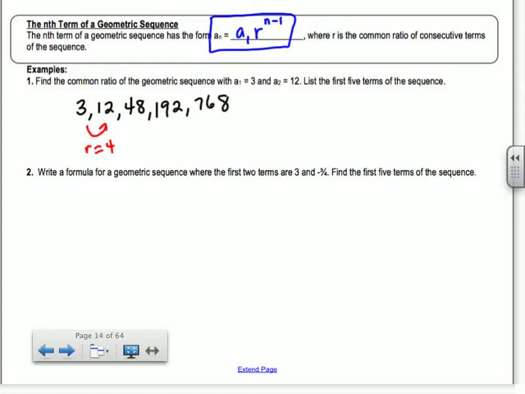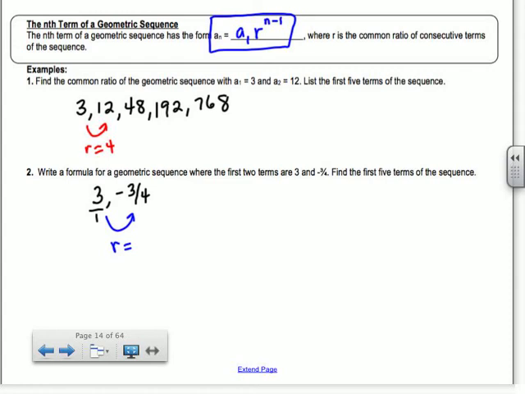If I wanted to get to the 7th, I'd need it 6 times. All right, so it's going to be multiplying by r n minus 1 times. So it's an exponent. If it was 5, you'd have r times r times r times r times r. You'd have r 5 times. Okay, so it's just like the ones we did yesterday, only now we're multiplying by our common ratio.